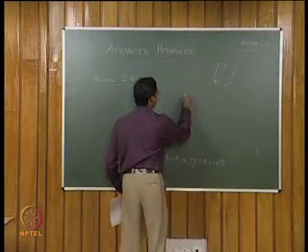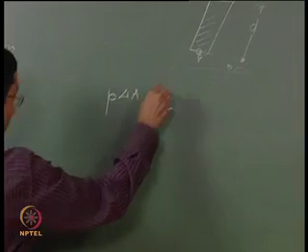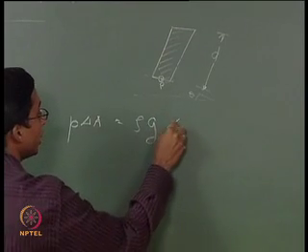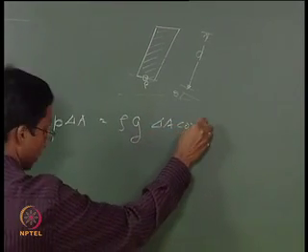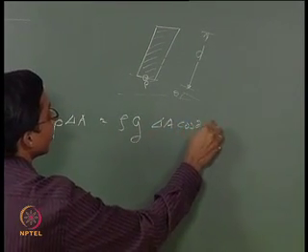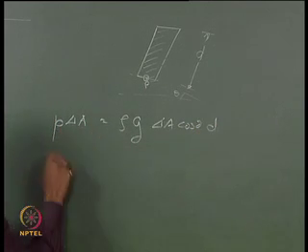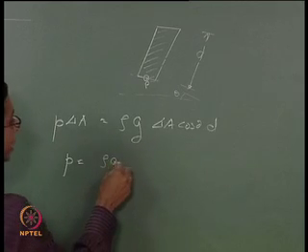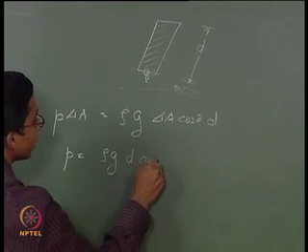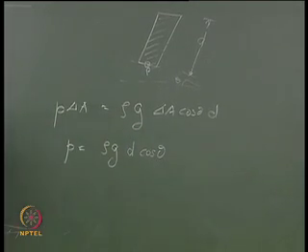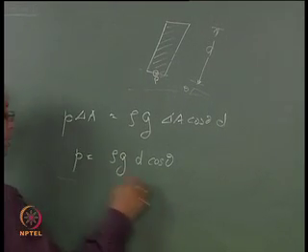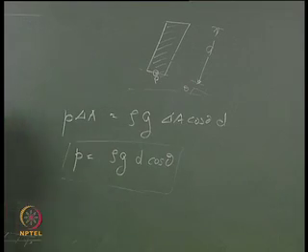Let me repeat, P del A is equal to rho g del A cos theta into D. Cancel off the terms, you get P is equal to rho g D cos theta. So, this is the pressure distribution in an inclined plane.